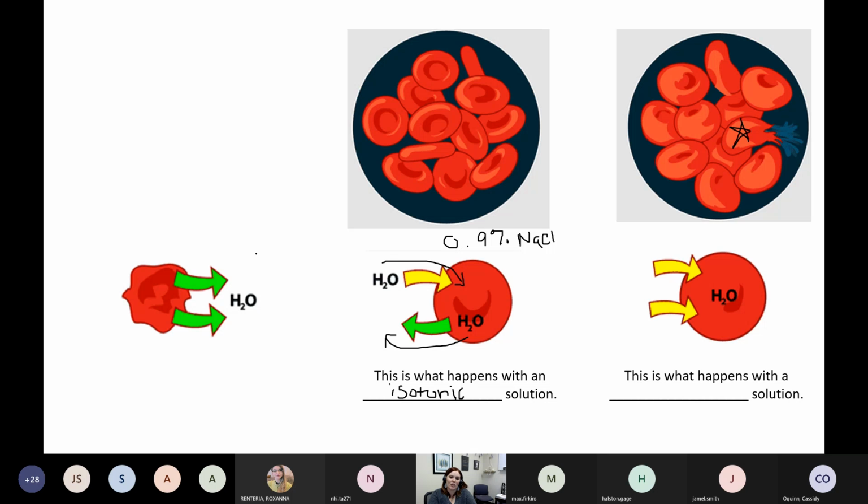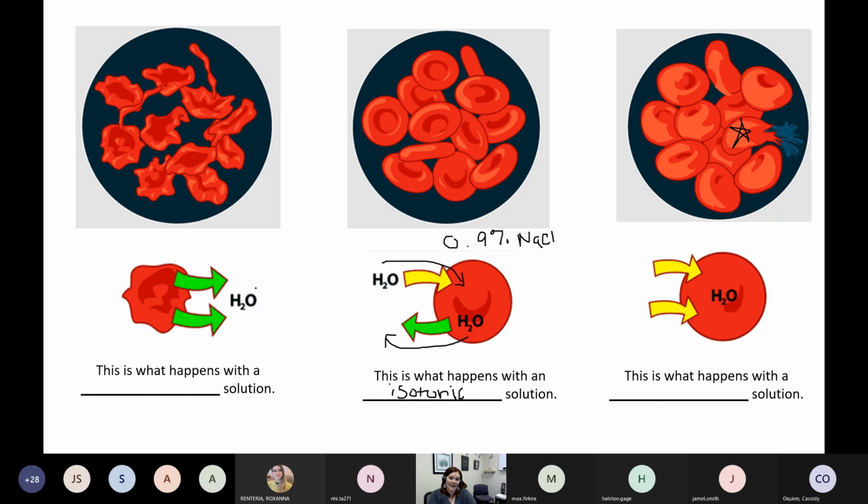So if I have a solution out here that doesn't have as much water as we have inside, or if I have a solution that has more solutes, more dissolved things, this would be an example over here of the hypertonic. A hypertonic solution has more dissolved things, which makes that water want to leave the red blood cell.